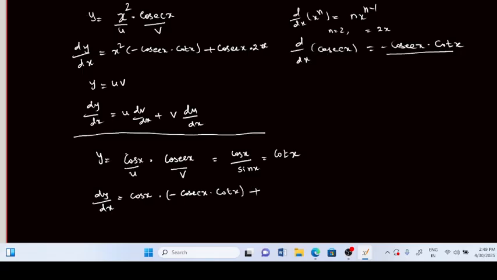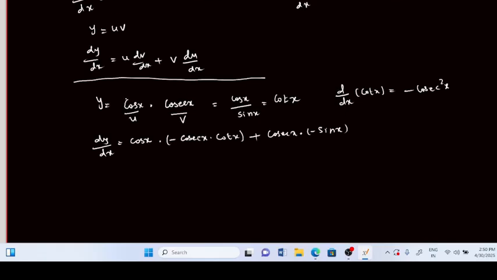Plus, second term we write it as it is, cosecant x into cos x differentiation, which is minus sin x. We check whether we get the same answer for this one. What is the differentiation of cot x? Differentiation of cot x is minus cosecant square x. If we get the same answer, the simplified format is also correct.